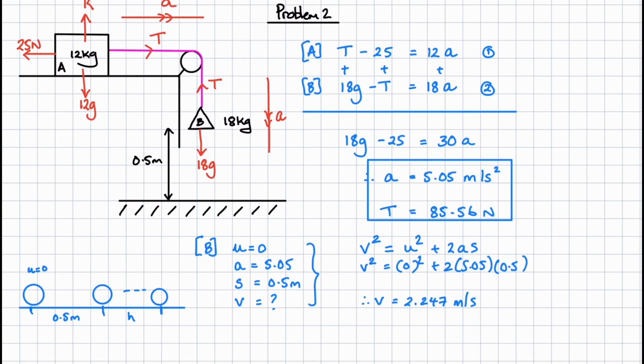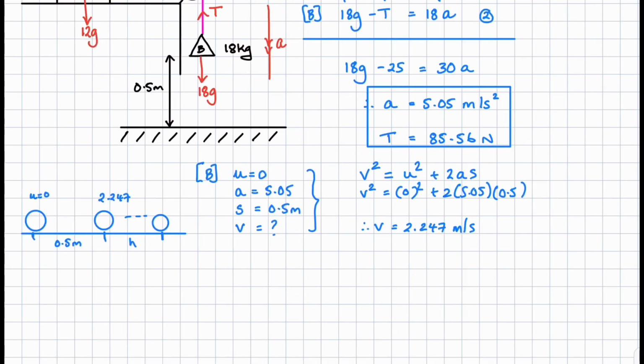So we end up with a speed of impact value of 2.247 meters per second. So particle B has struck the ground at 2.247 meters per second when it descended 0.5 meters. Particle A moved across 0.5 meters, and at that point it has a velocity of 2.247 meters per second.